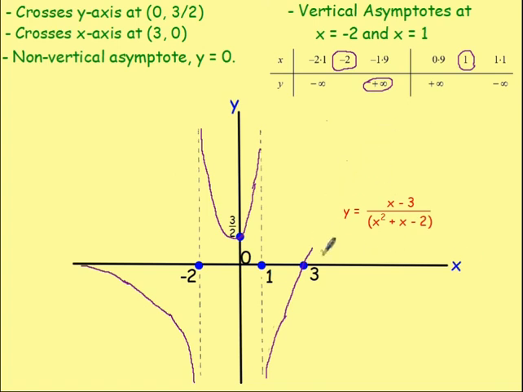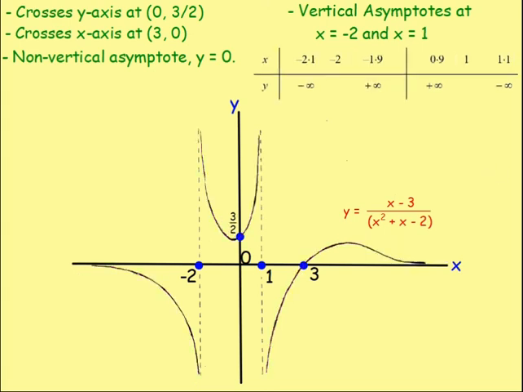No, because this axis is a non-vertical asymptote, so the graph has to get closer and closer to it, which means there must be some point that the graph will turn and then head back down. If you're asked for stationary points, you will see that there must be a stationary point here somewhere. We're not asked for that, but there must have been one, and it's the same here, a turning point somewhere. So that is the answer you'll get for that one.